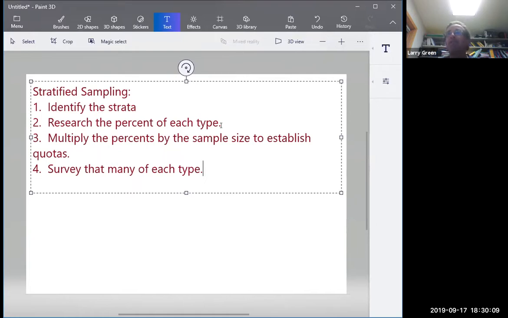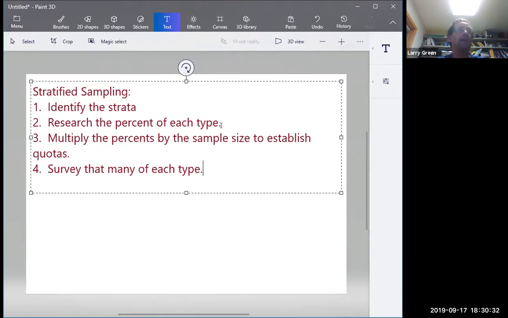The good thing about stratified sampling is you can eliminate certain suspected biases. Like you can eliminate gender bias. You can eliminate bias based on ethnicity. You can eliminate age bias. So you can eliminate biases that you identify by the type of person.